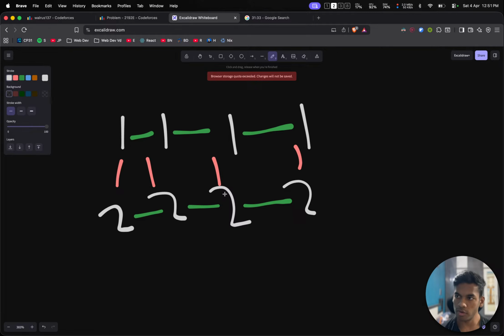All the elements which have the same value can be connected directly, but order does matter. Order of the connection cannot be arbitrary.